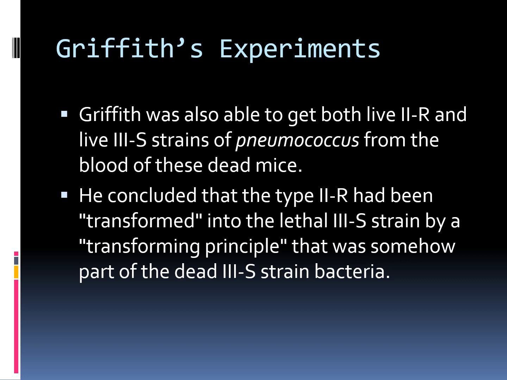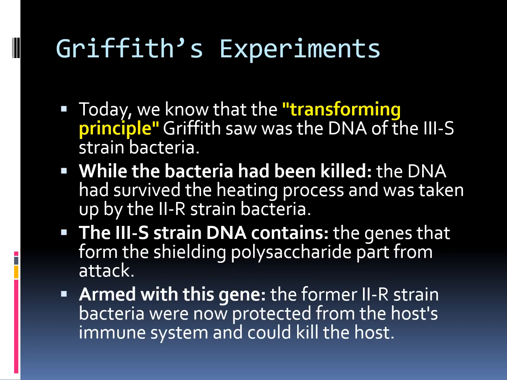He was also able to get some type of rough and smooth strain from the dead mice, and he concluded that there's something that had transformed the rough strain into the smooth strain. There's some kind of transforming principle, hence the meme earlier, or the GIF, I'm sorry. So what we know now is that the transforming principle was the DNA. While the bacteria had been killed, the DNA survived the heating process and was taken up by the rough strain bacteria.